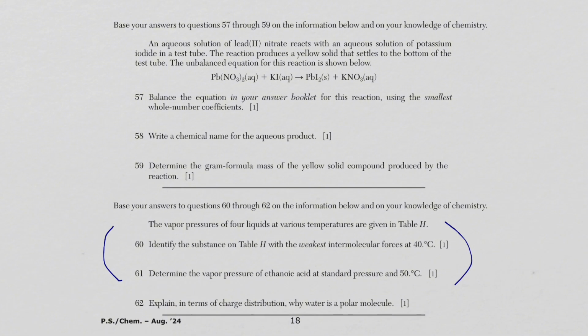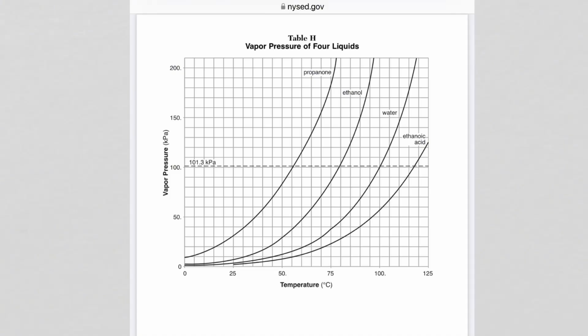And in question 60, identify the substance on table H with the weakest intermolecular forces. Let's do just that. We are here at reference table H, and we're looking at 4 substances: propanone, ethanol, water, and ethanoic acid.